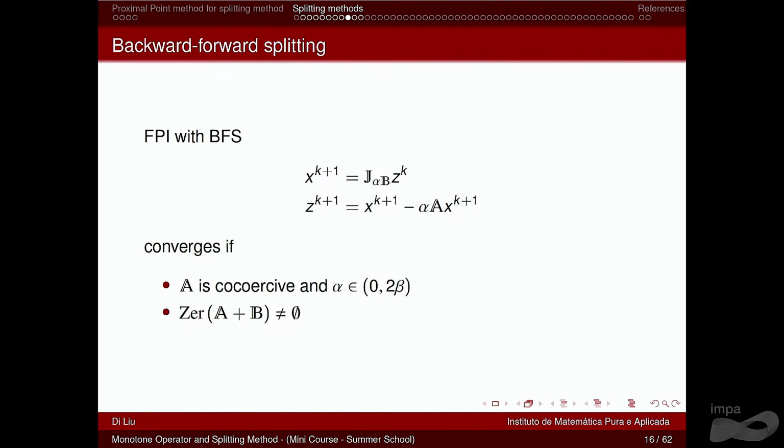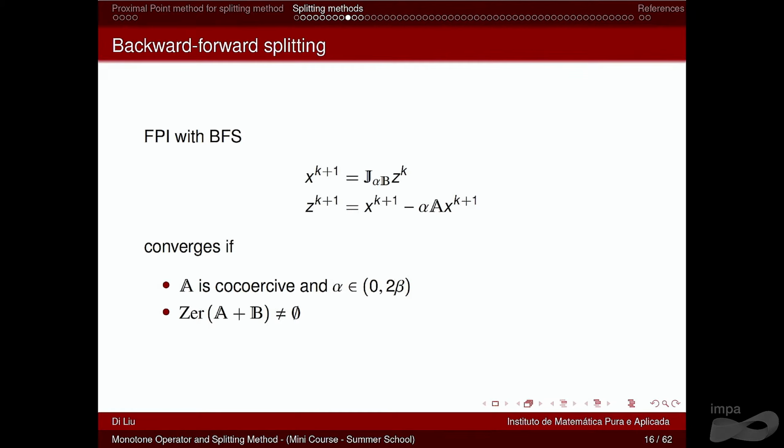Okay, and for convergence we need to assume A is cocoercive with beta, and the step size belongs to 0 to 2 times beta, and we also need to assume that the solution set is non-empty.